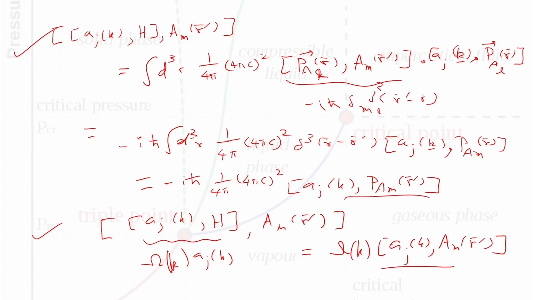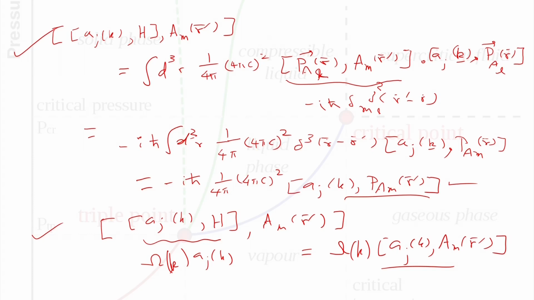So, you see immediately I am able to relate the commutator of the annihilation operator with the canonical momentum to the commutator of the annihilation operator with the canonical position. So, that is one relation that I have. So, in a similar vein we can do the other thing.